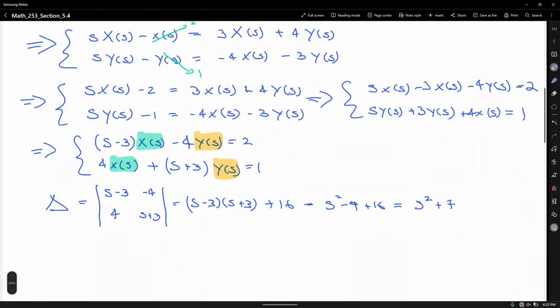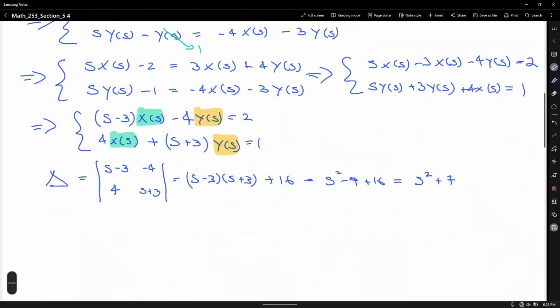Okay, let me calculate delta x. What is delta x? Delta x is calculated by replacing the column of the x's in the delta with the constant terms on the right of the equation. So I'm going to replace with 2 and 1, and negative 4, s plus 3 remains the same.